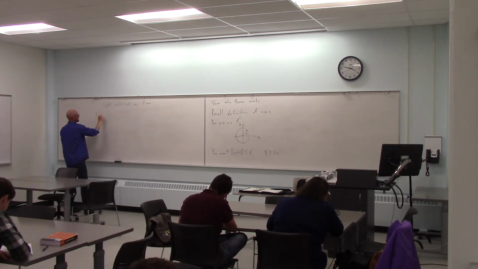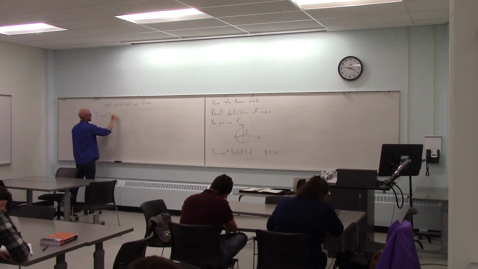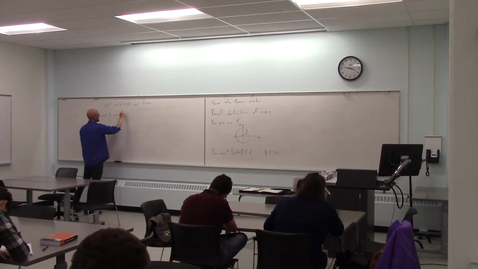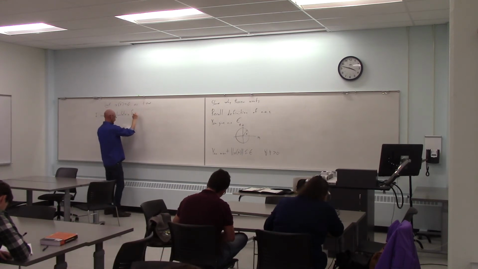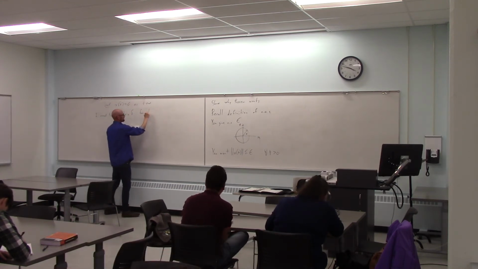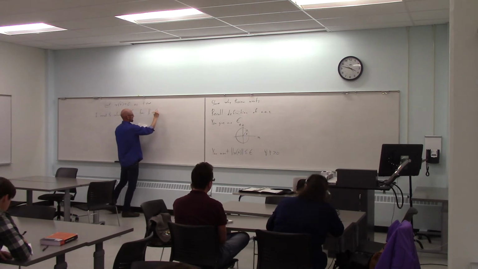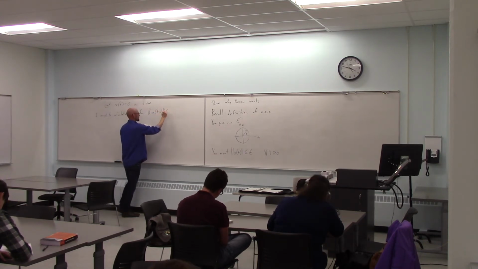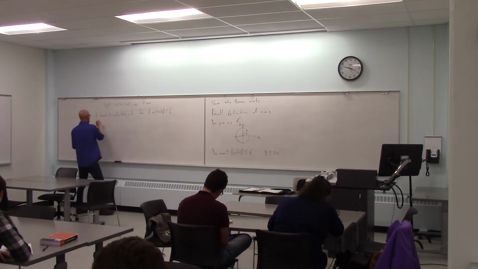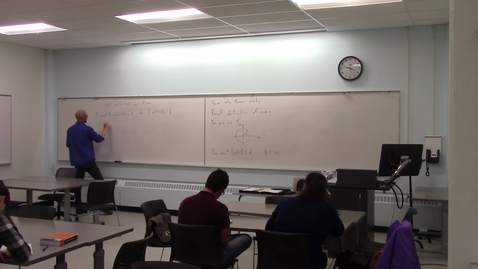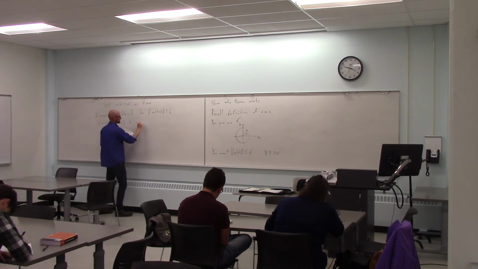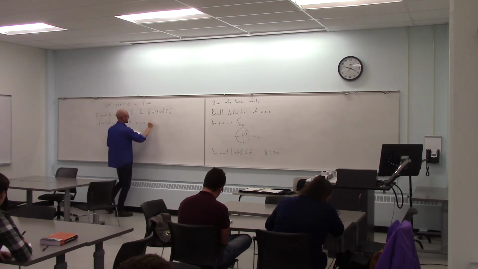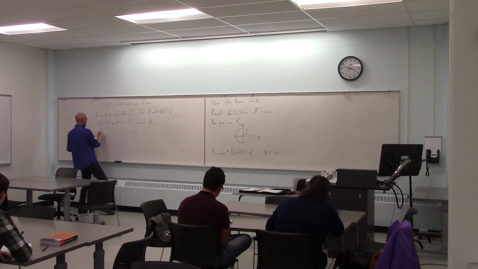Then what I need to do is calculate delta for the initial condition to ensure that I do stay within your ball of radius epsilon.